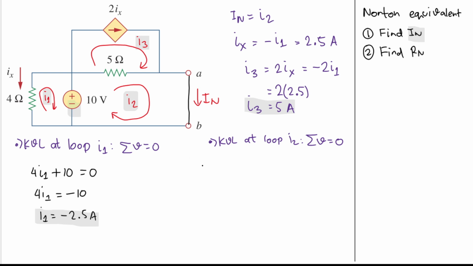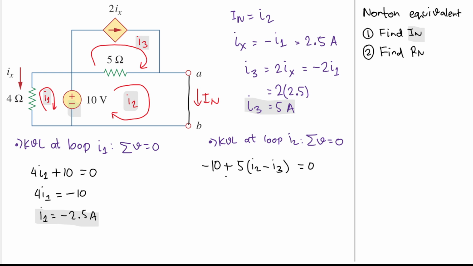So I will have minus 10 volts. Now we will have plus 5 multiplied by the current, because 5 is the resistance and we need voltage. Here we are working on I2, so I2 comes first, but I3 is flowing in the opposite direction, so I have minus I3. And all of that equals 0.